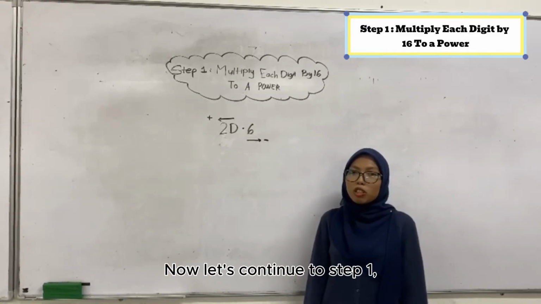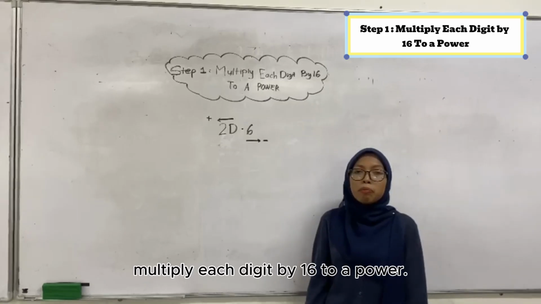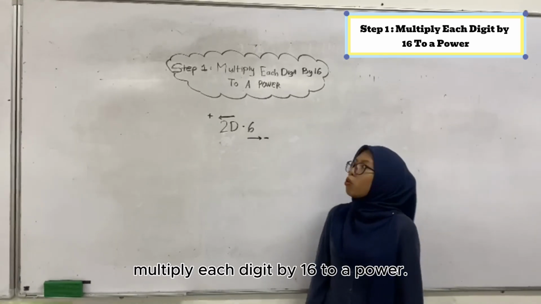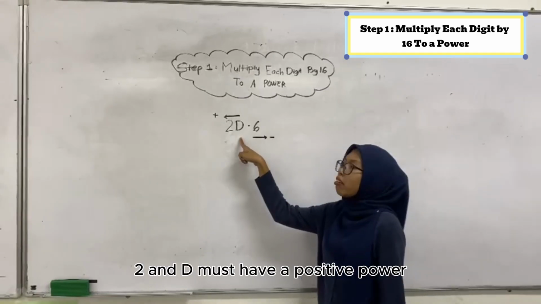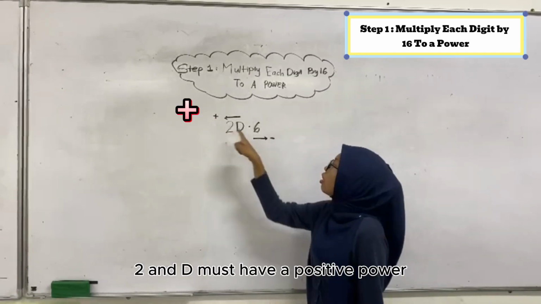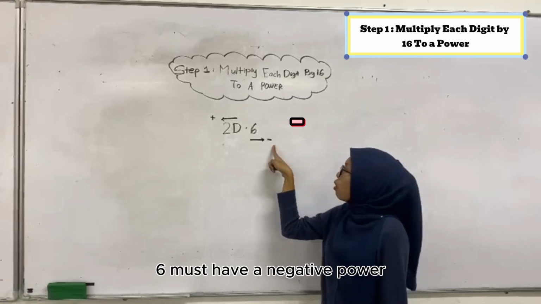Now, let's continue to step 1. Multiply each digit by 16 to a power. 2 and D must have a positive power. 6 must have a negative power.